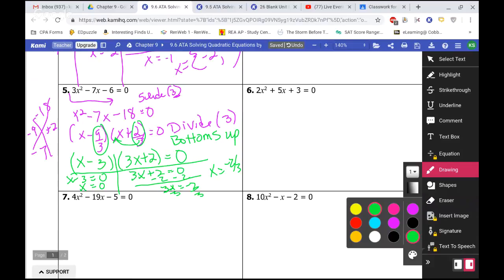So I have a solution set of x equals negative 2/3, and x equals 3.